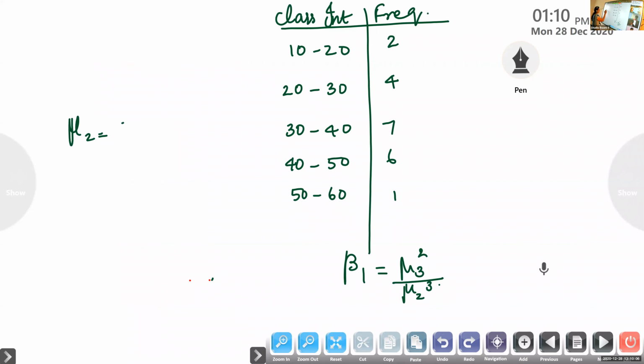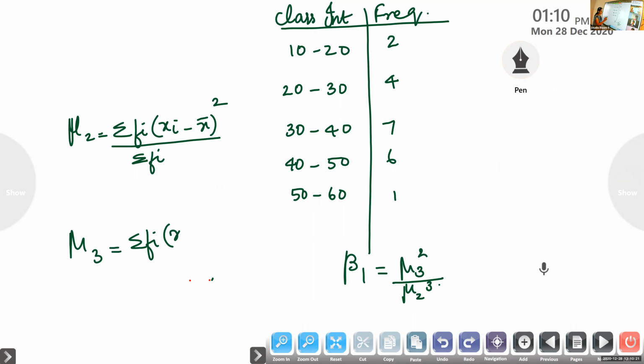Mu2 is sigma fi into xi minus x bar the whole square by sigma fi. And mu3 is sigma fi into xi minus x bar the whole cube by sigma fi.